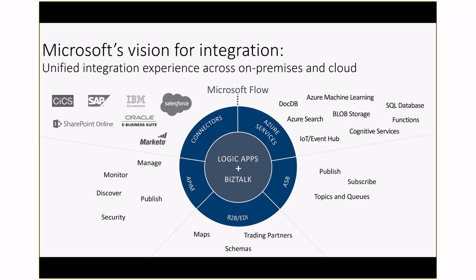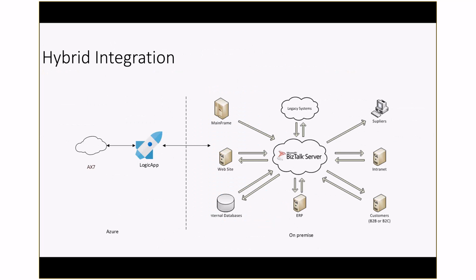A simplified version of Logic Apps is what Microsoft Flow is, and Microsoft Flow would basically let you orchestrate some of these simpler integration solutions. Obviously, if you want an enterprise-grade, much more custom-driven integration orchestration, then you would use Logic Apps. If you want even more advanced, granular integration scenarios, then you would continue to use BizTalk or other integration providers.